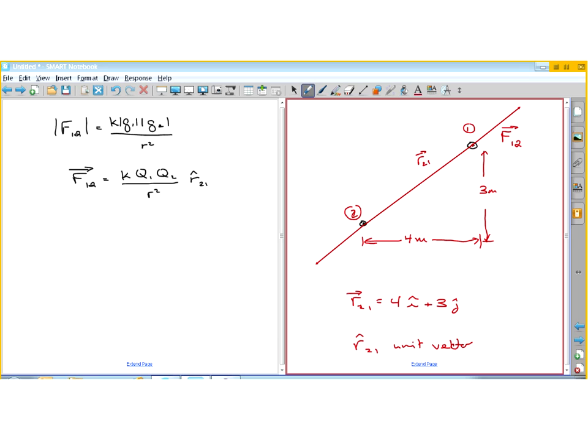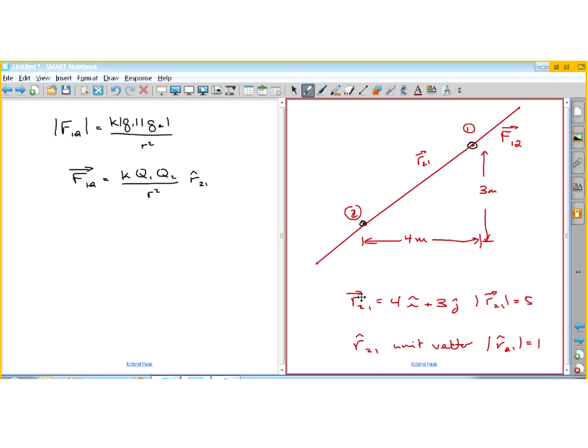Take the square root. So the magnitude of R21 is 5, this squared plus that, take the square root. Whereas the magnitude of the unit vector is 1.